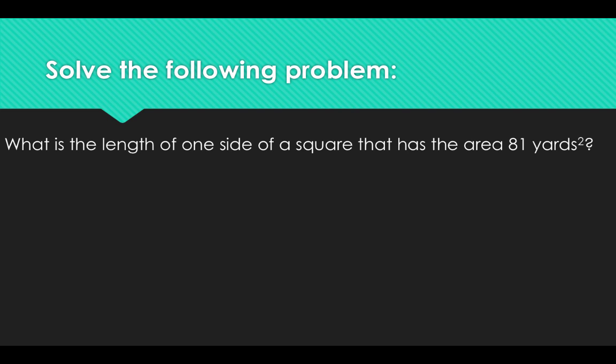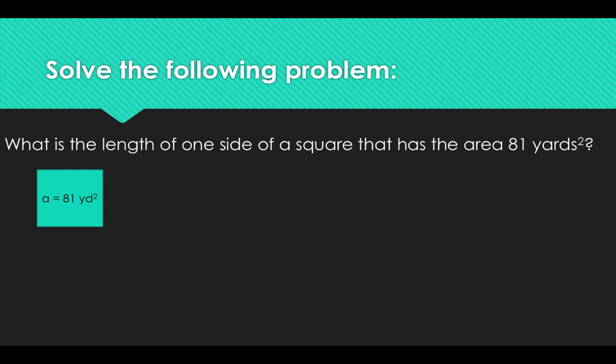So now we need to find the length of one side of a square that has an area of 81 square yards. So let's go ahead and get a visual first before we work this out. We have a square, the area is 81 yards squared. And so thinking about this, if we want to find the length of one side and we know the area, how are we going to figure that out?